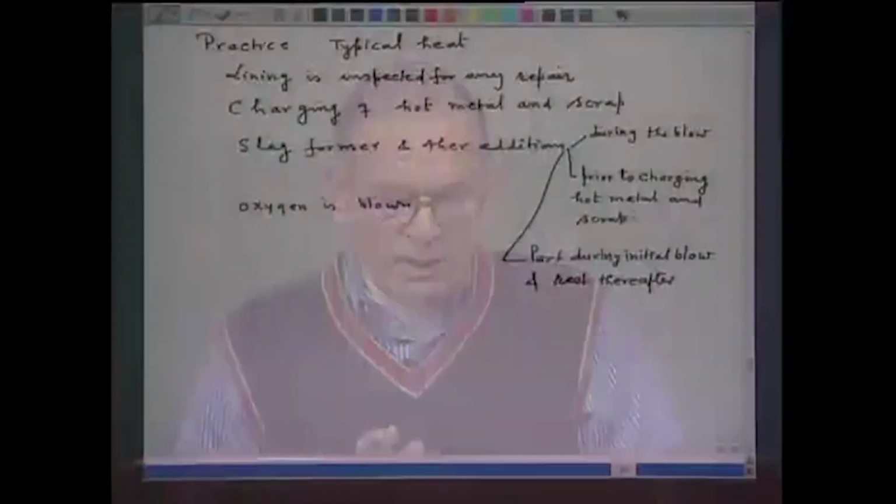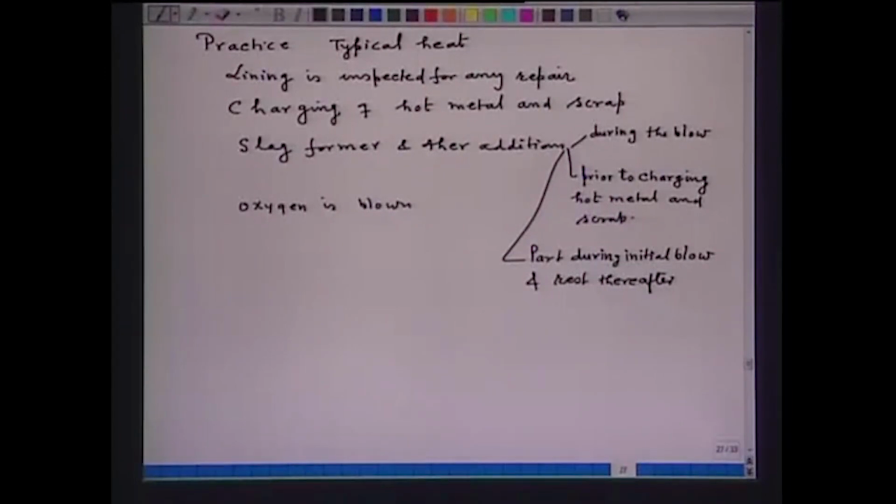Oxygen blowing continues for 15 to 20 minutes, and during the blow the lance is raised or lowered such that the slag forming and oxidizing reactions remain within control. So, what is important here? A lance schedule has to be developed.